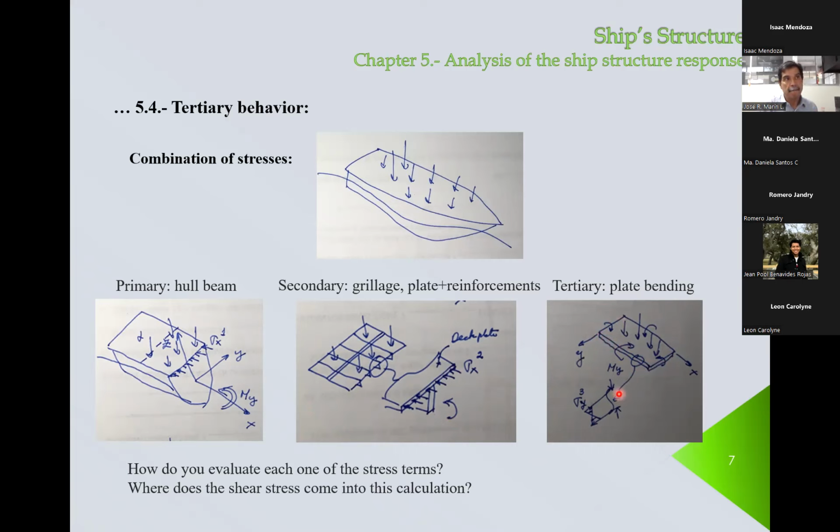The thickness of the plate is going to be uniform. Definitely. Can you repeat again? I couldn't hear. If you analyze this plating, the thickness of the plate is probably going to be uniform.